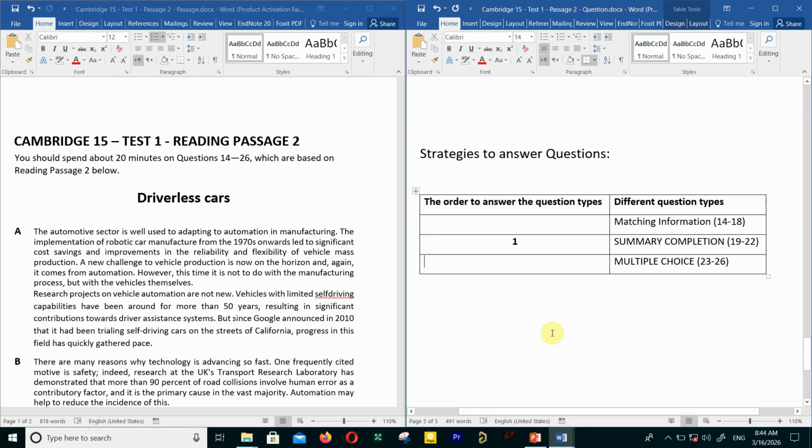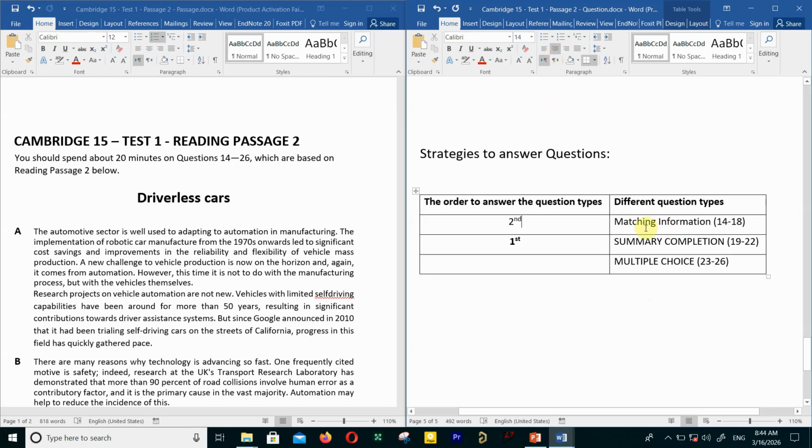Now, what is going to be the second one? Second could be matching information or multiple choice. But if you choose multiple choice, because multiple choice are the most difficult ones and you have no idea about the passage, again this is good to go for the matching information, the second one.